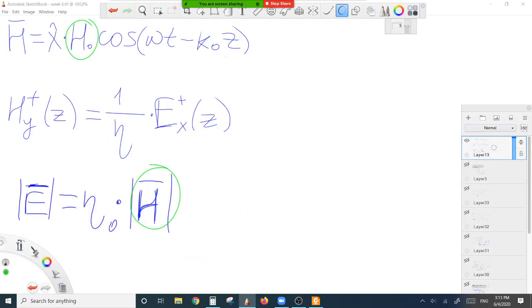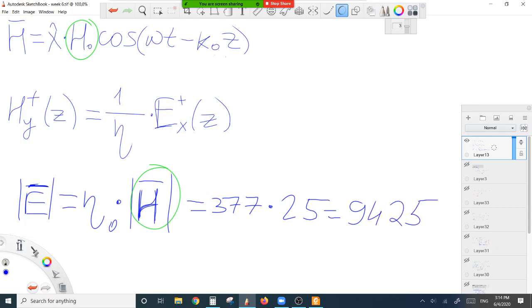Okay, 25 multiplied by 377, the intrinsic impedance of free space, and it is equal to 9,425.